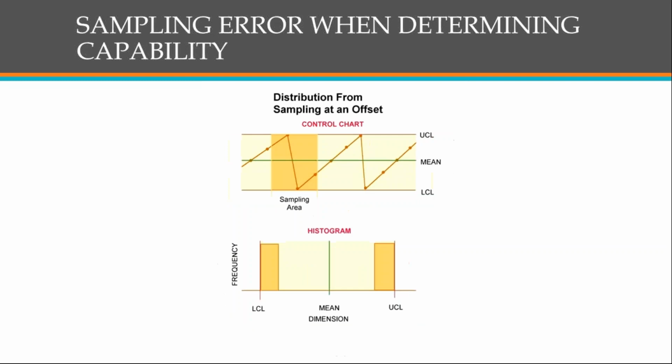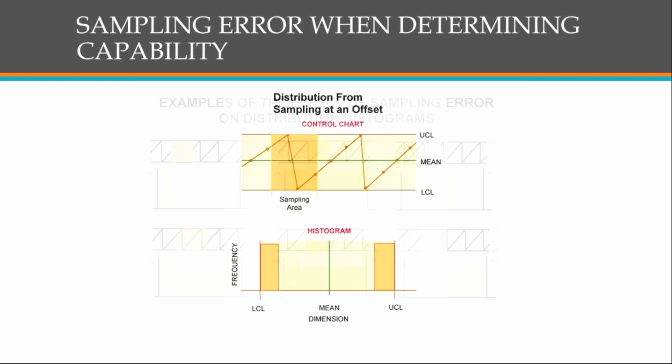You can also get sampling error by sampling in this particular location, which is just before the adjustment and just after the adjustment. Now, that sample would appear to have a bimodal distribution, but as you can see, it came from the exact same process. So even though you're seeing a bimodal distribution, that was not really from a process that was out of control and incapable.